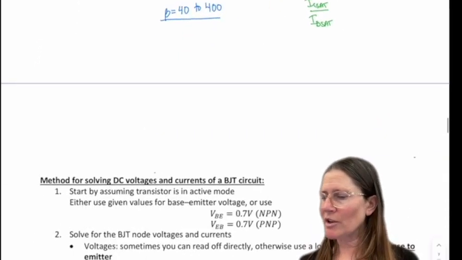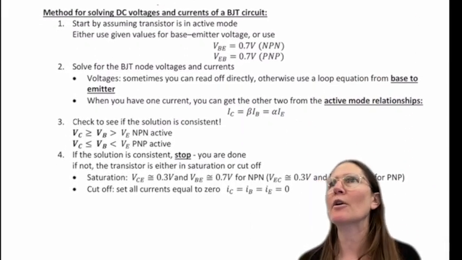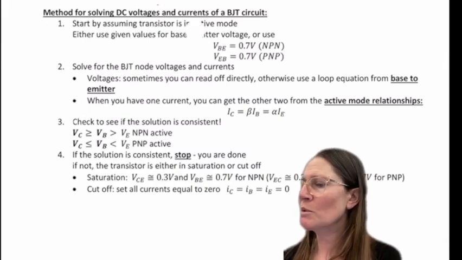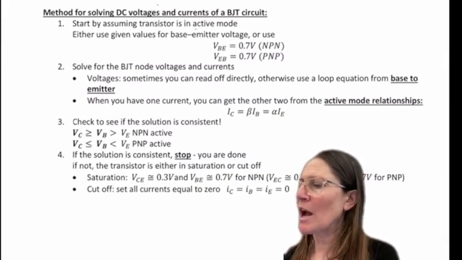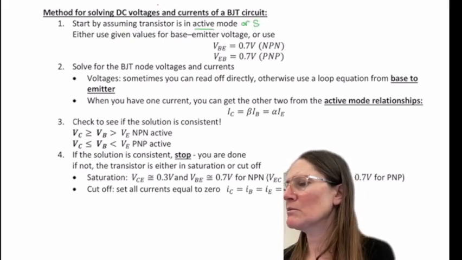All right, so solving a circuit with voltages and currents with the BJT in it now. You're going to assume either active or saturation mode. So basically assume first it's on.